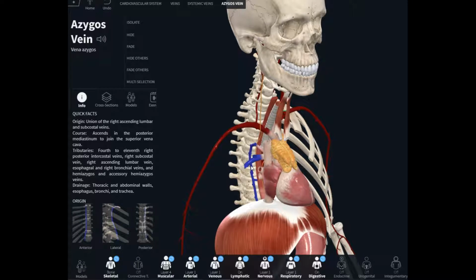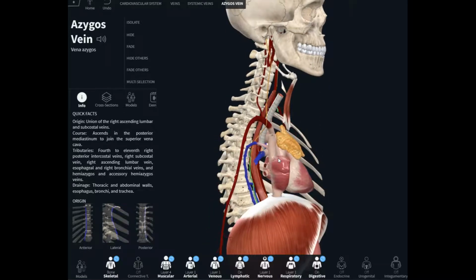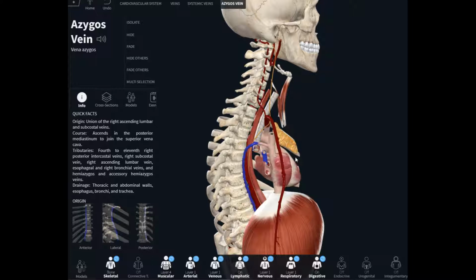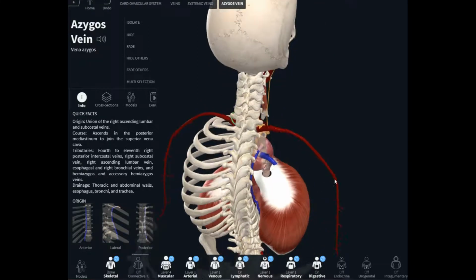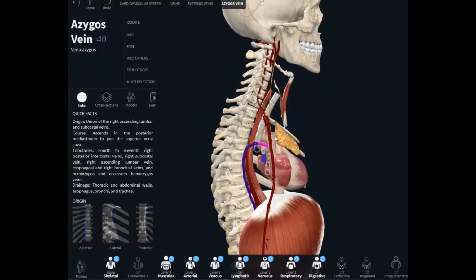We can also see it's in intimate relation with the hilum of the lung. The hilum of the lung is in more of an anterior relation as opposed to a lateral one, because if you place the lung here, you can see that the hilum projects right here and not towards the posterior side.